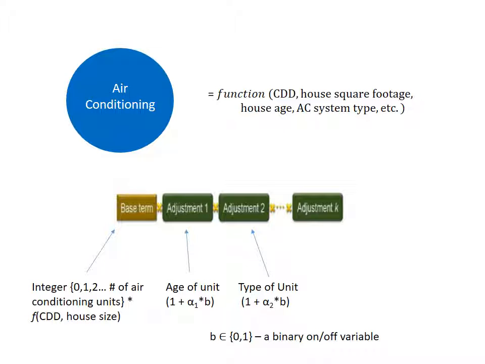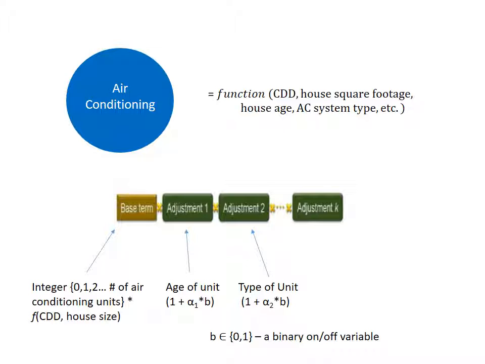We might have discrete or integer variables, and that might, for example, indicate the number of different air conditioning units used, right? So you might have a really large house, and that term might be a function of climate, right? In a really hot climate, you might have more than one air conditioner, but also house size.